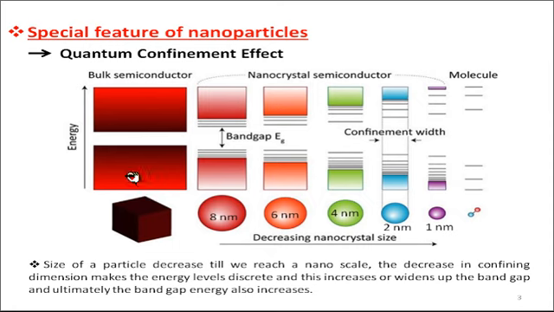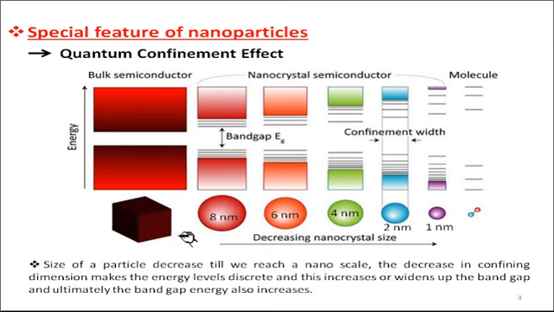One important point you should note here is, by reducing the size of the particle, we are restricting the motion of randomly moving electrons within a restricted boundary. Alternatively, you can say that we are confining the motion of electrons within specific energy levels.